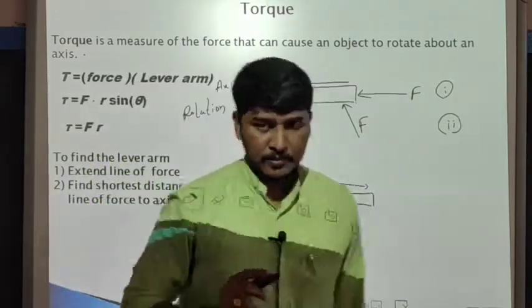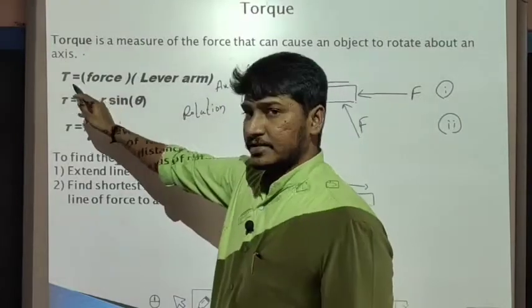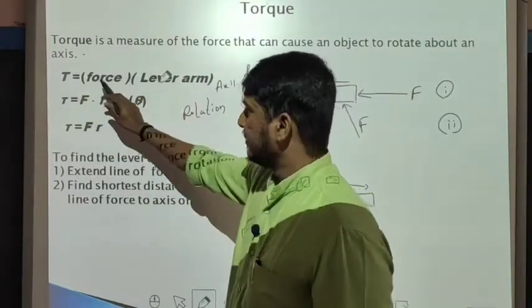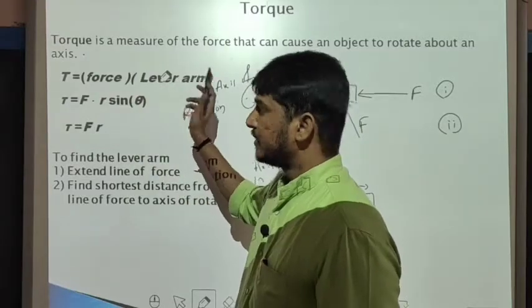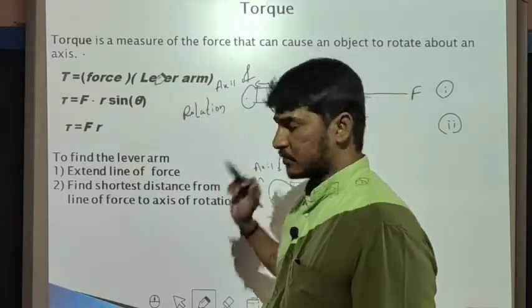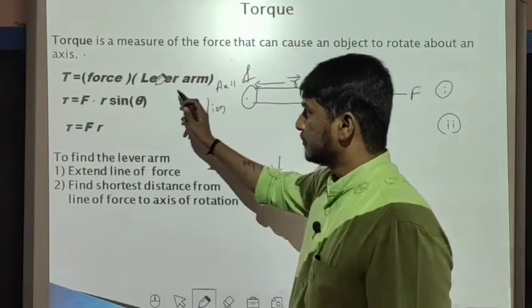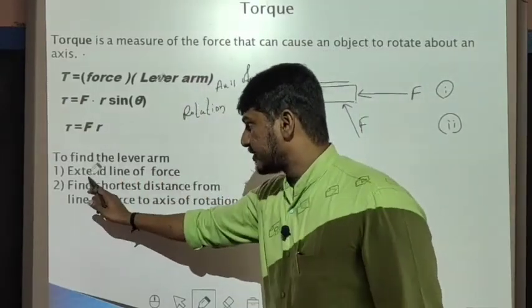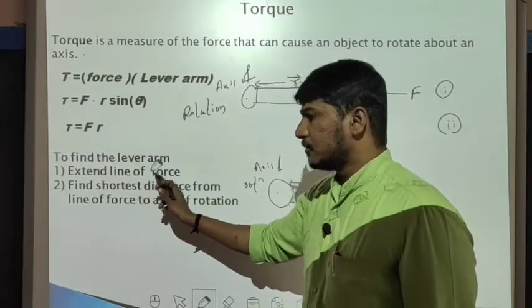Then here you can see that torque is equal to force into lever arm. To find this equation, we need to find the lever arm. So what do we need to do to find the lever arm? To find the lever arm, we need to extend the line of force.